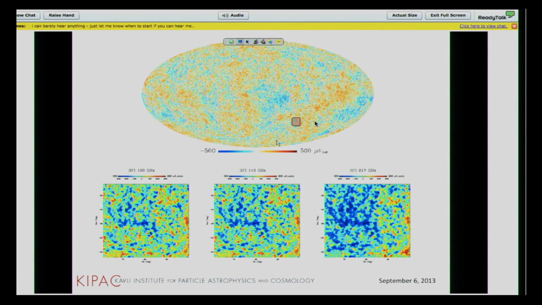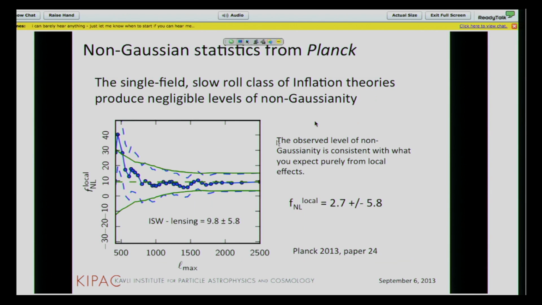Just to give you a feel for the level of the foregrounds in a relatively clean part of the sky off the galactic plane. And the broad frequency coverage of Planck has really been critical in understanding exactly what the contribution of the residual foreground contaminants is, not only to non-Gaussianity, but to the rest of the analysis.